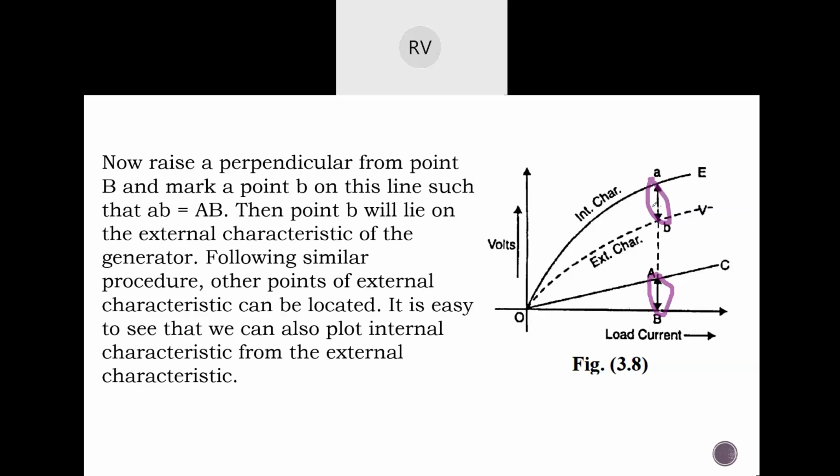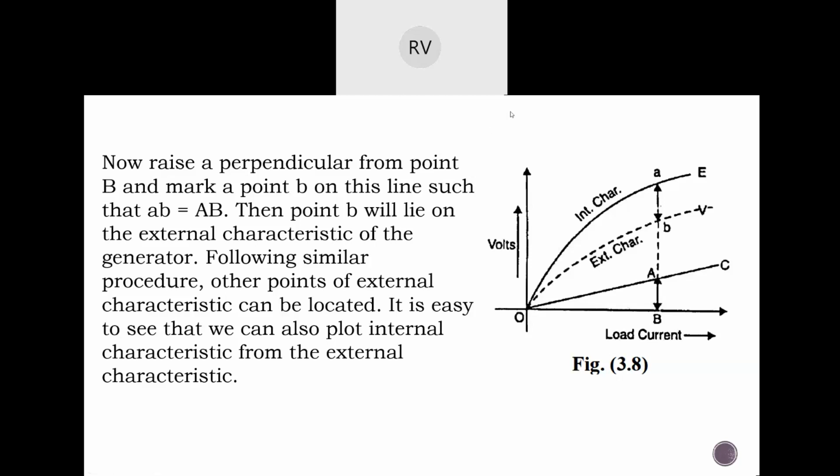Following a similar procedure, the other points of the external characteristic can be located. It is easy to see that we can also plot the internal characteristic from the external characteristic. He is finding out the loss and then plotting the points using the internal characteristics.